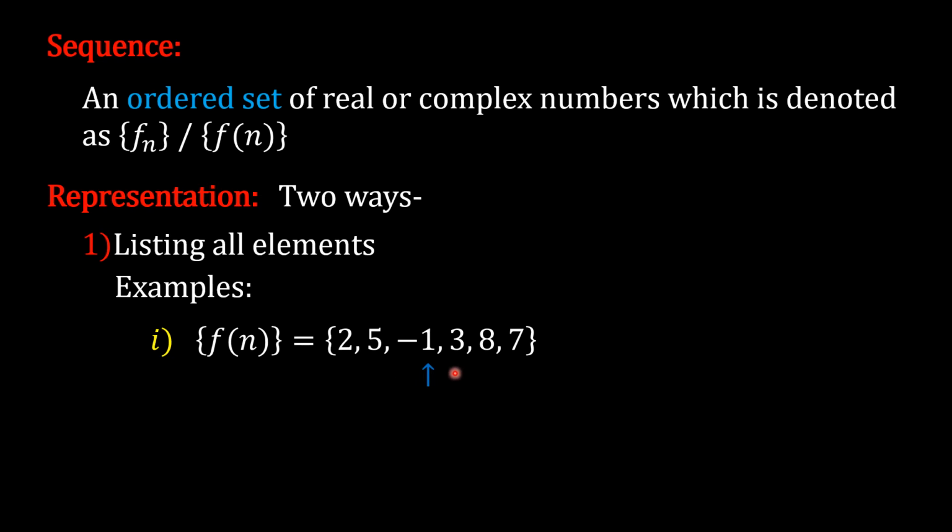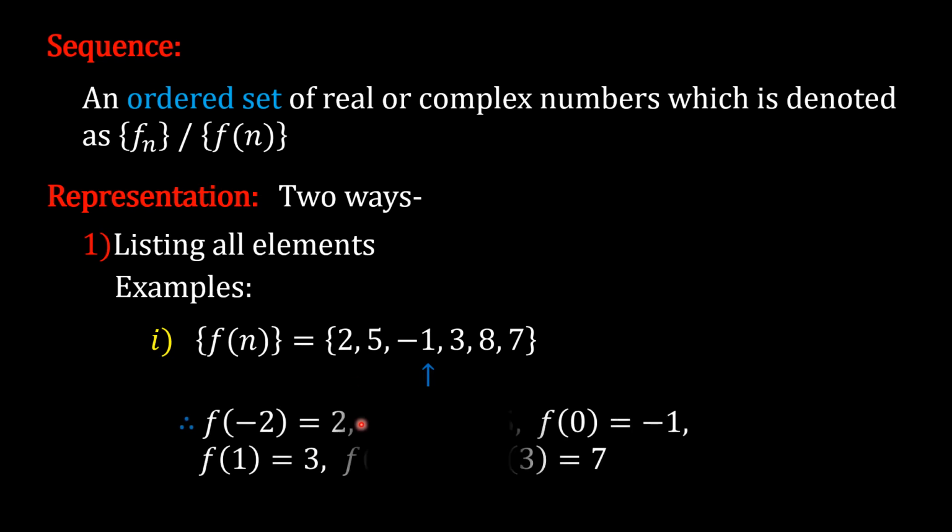That is, this 3 is the element corresponding to n equal to 1, 8 corresponds to n equal to 2, 7 corresponds to n equal to 3. Similarly, on the left hand side of this arrow, this 5 will be the element corresponding to n equal to minus 1 and this 2 will be the element corresponding to n equal to minus 2.